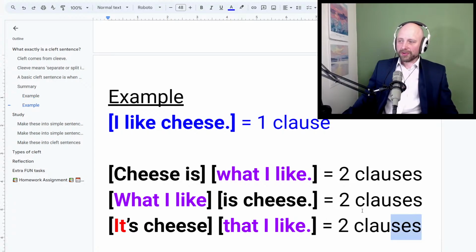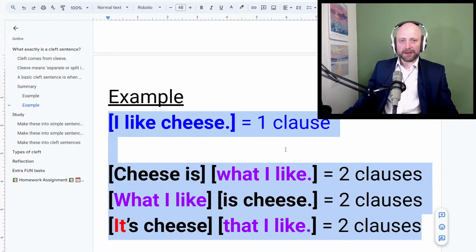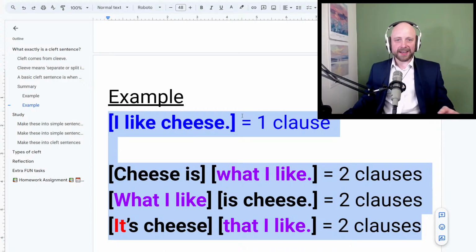Now, strictly speaking, all of these sentences mean the same thing. I like cheese. Cheese is what I like. What I like is cheese, and it's cheese that I like. They're all the same. But there's a difference in emphasis, a difference in rhythm, and a bit of variety.